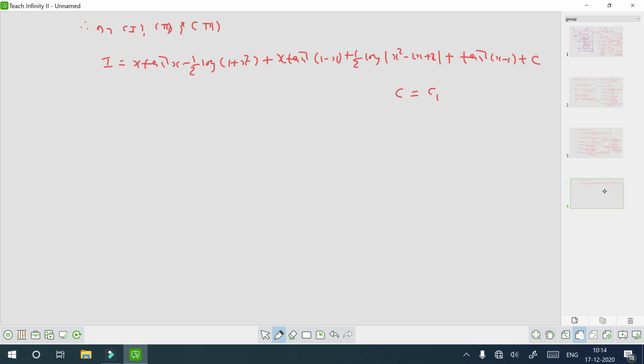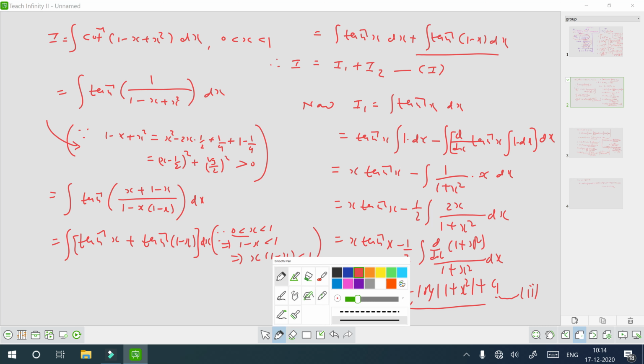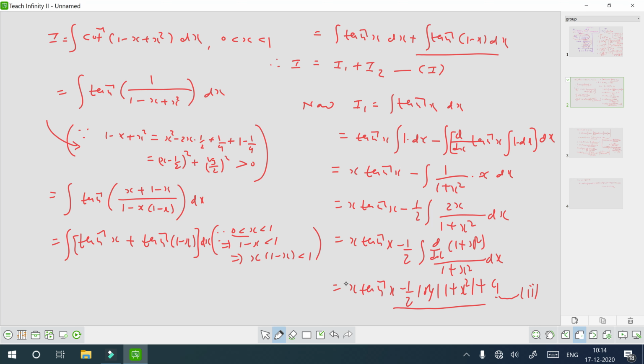Where c is equal to c1 plus c2. So, the indefinite integration is of 4 marks.